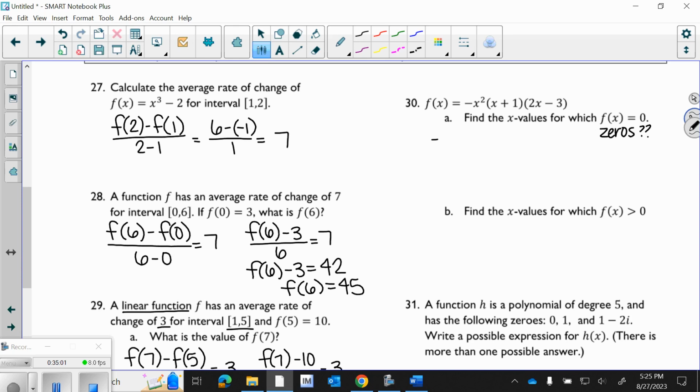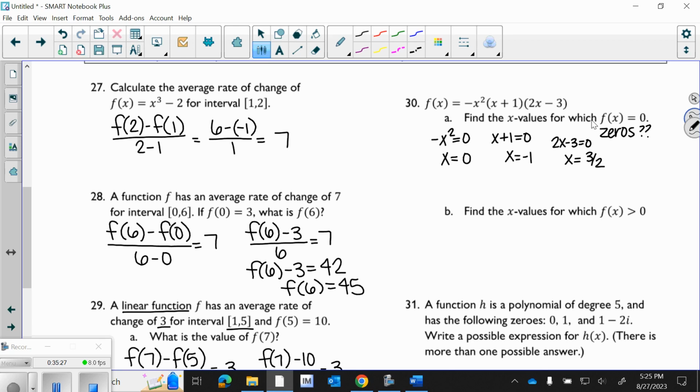We just need to take each factor, set it equal to 0, and solve. So, my first is going to be x equals 0. My second will be x equals -1. And the third is going to be x equals 3/2.